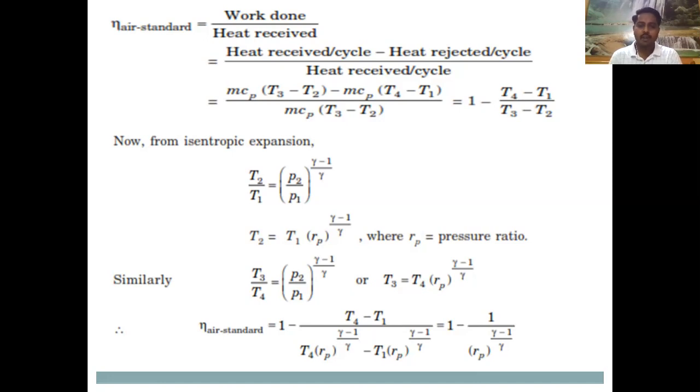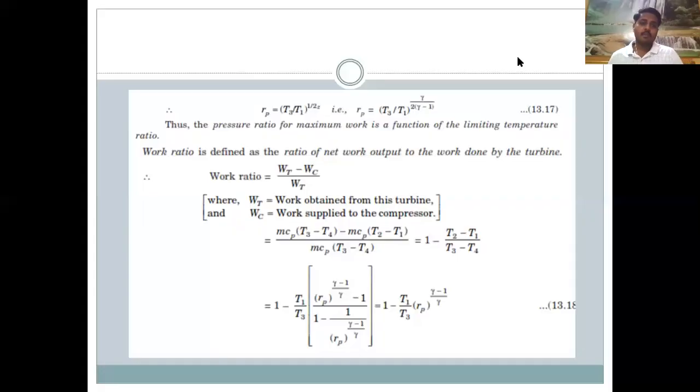Now, putting that value in our air standard efficiency, you get the formula for efficiency: 1 minus 1 upon Rp raised to gamma minus 1 upon gamma. Again, the work ratio is turbine work minus compressor work divided by turbine work.